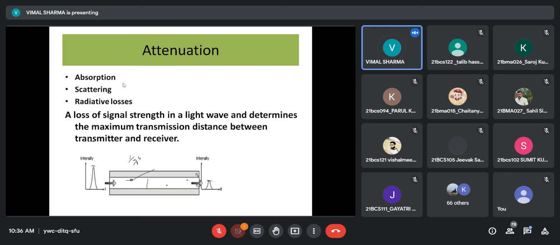For example, transition metals: copper, nickel, chromium, vanadium, magnesium. These are the impurities in the optical fiber. बहुत कम अमाउंट में. By refining and making the manufacturing process better and better, we can reduce these impurities, but we cannot reduce them to zero.